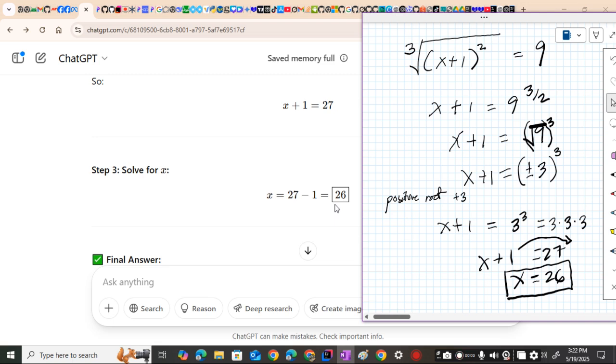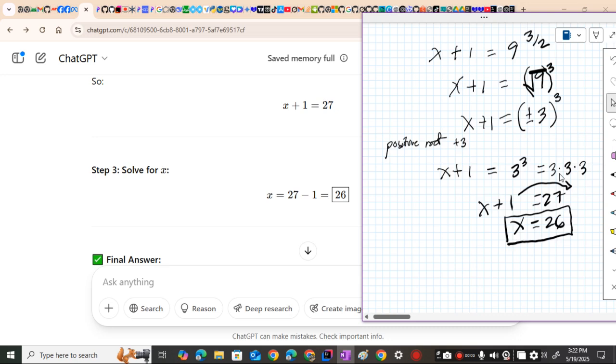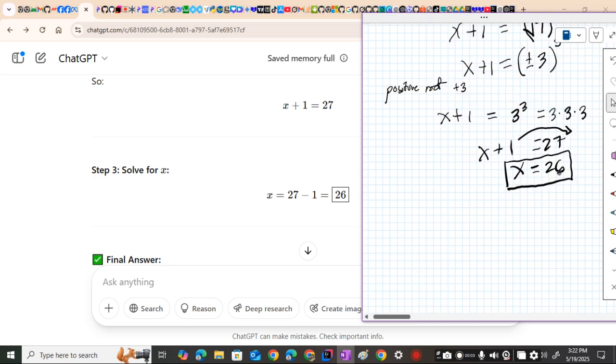Now, how about if we examine the negative root? Here we have a negative root because it's an equation involving a root, negative 3. We proceed with the same formulation. This time, we use negative 3 raised to 3, and this is just negative 3 multiplied by negative 3 multiplied by negative 3.